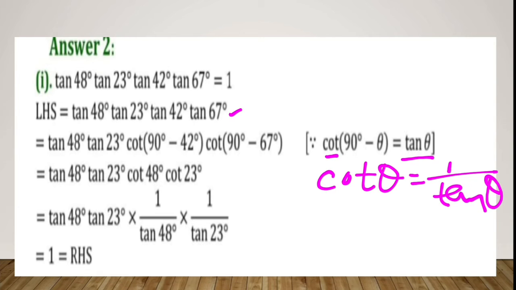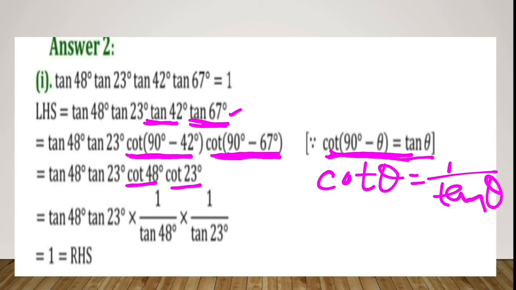So in place of tan 42 and tan 67, by using this complementary angle formula, you can say that tan 42 is equal to cot 90 minus 42 and tan 67 equals cot 90 minus 67. If you do the subtraction under the bracket, it will be cot 48, and here it will be cot 23.